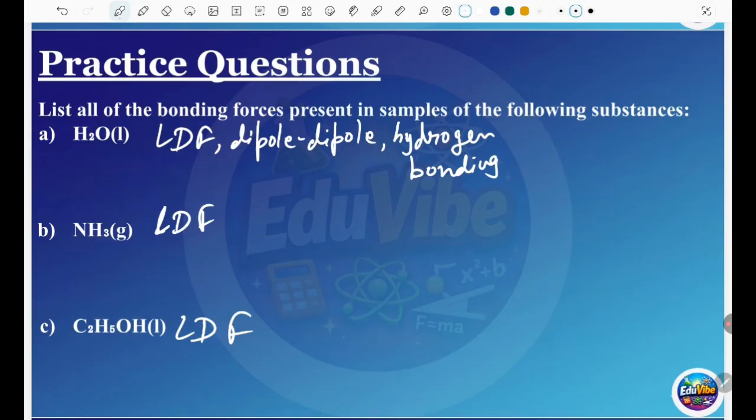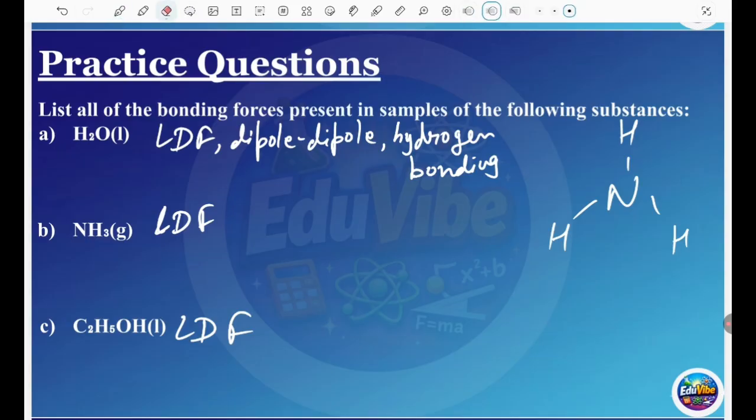For the next one, we have NH3, this is LDF, and when we made the dipole of this, N, this is the triangular pyramidal type of thing. So when we have the triangular pyramidal, this is again the assumption. With the assumption, this means they have all the same satellite atoms.